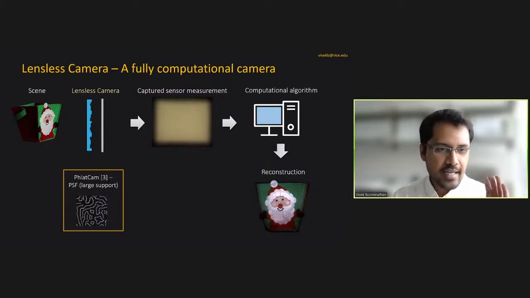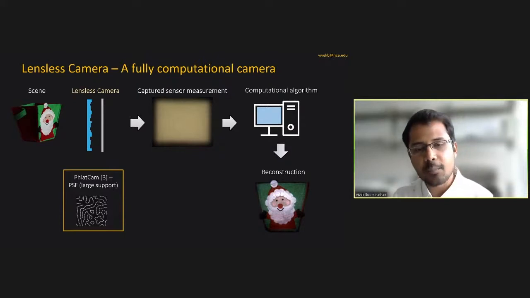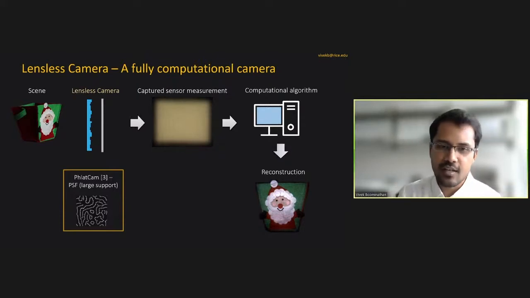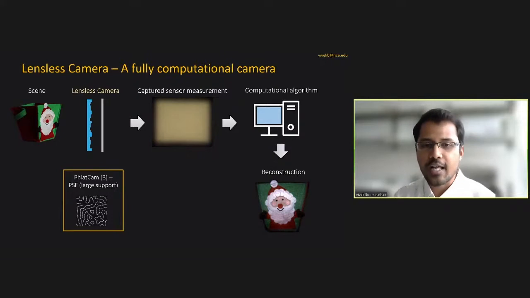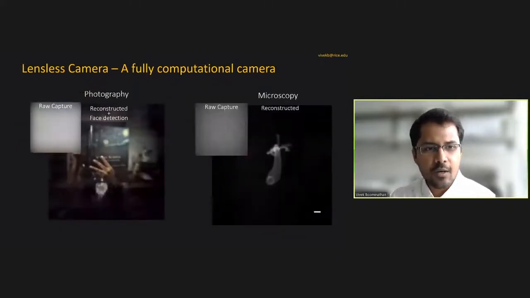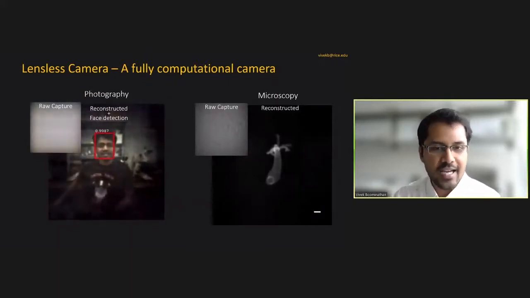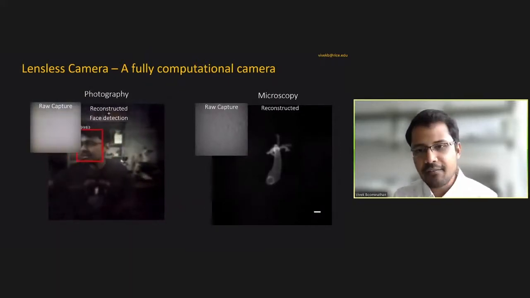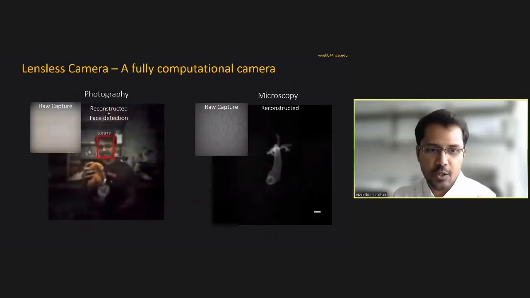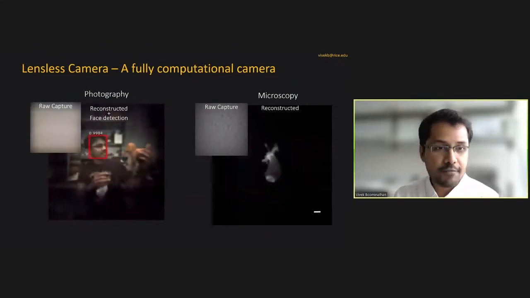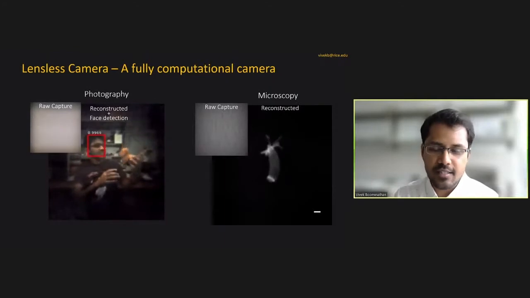That is, it reduces the thickness by replacing the lens, and it relies on computation to do the focusing, or basically to recover back the image. Now, with such a camera, it doesn't mean that we lose information. We actually retain information, and we are able to reconstruct video, able to do face detection over the reconstructed image.